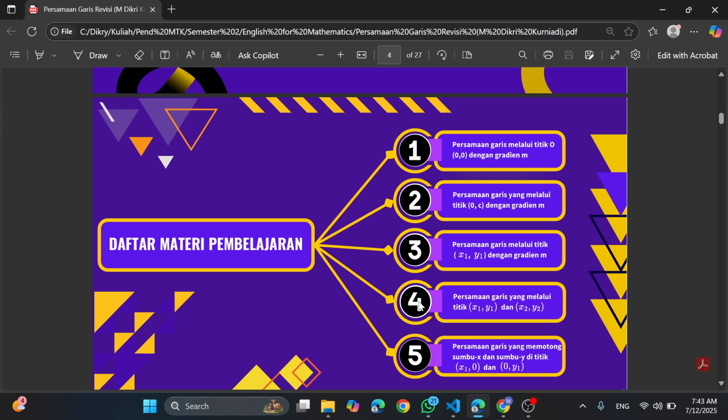Point 4, the equation of a line passing through the points x1, y1 and x2, y2. And the last one is point 5, the equation of a line that intersects the x-axis at x1, 0 and the y-axis at 0, y1.